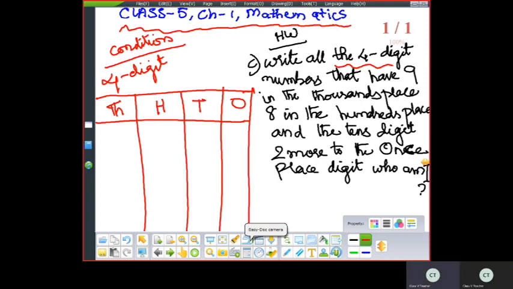First condition. Then secondly, numbers that have 9 in the thousands. What should be there in the thousands place? 9 in the thousands place. So what should I write now? So 9 in the thousands place. Second condition. Third condition. 8 in the hundreds place. Yes, got it?